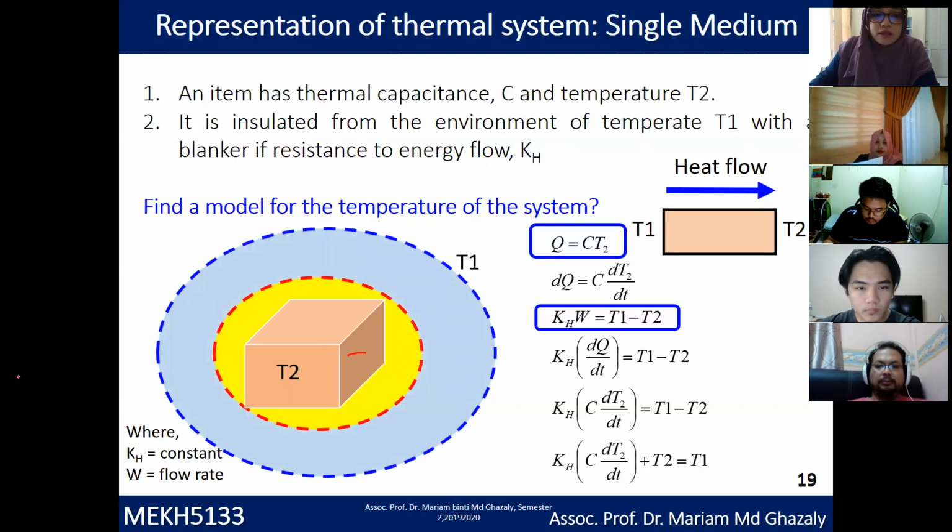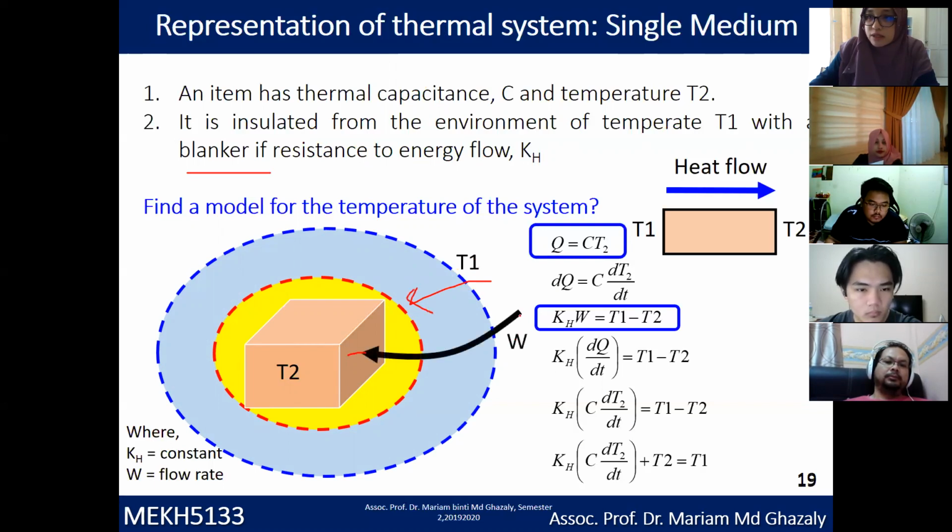So T2 is the first layer, and then we have a layer at T1, which is the insulation. It becomes like a blanket, resistant to energy flow. W is the heat flow just now, so from T1 to T2 we have the energy flow, the heat flow.